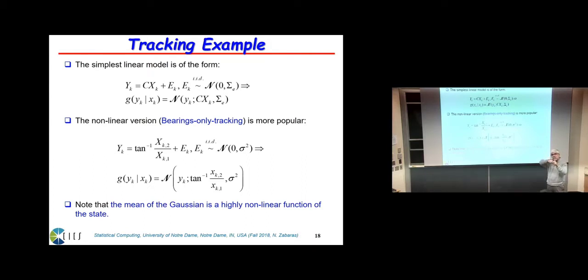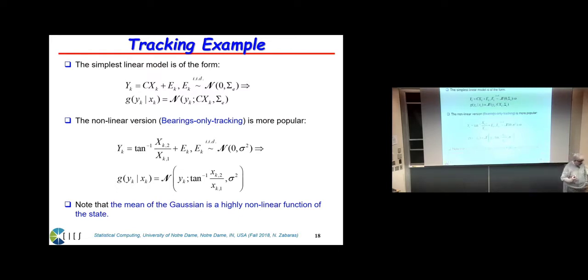You want to know the angle from the horizontal direction at which the missile is. Effectively, the angle is the inverse tangent of the y coordinate divided by the x coordinate. So the observation model, with some noise, involves this mean value. It's a nonlinear function of the state.